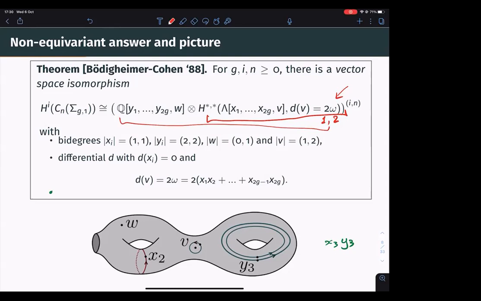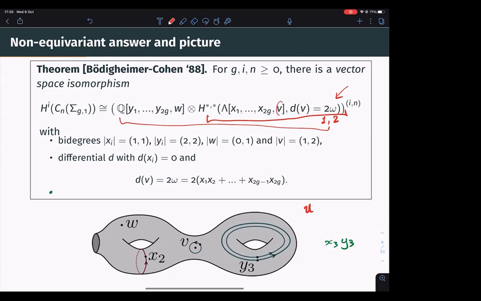Yes. Yeah, so that's somehow what you get. For example, you have one more generator, U, that is before you take homology.